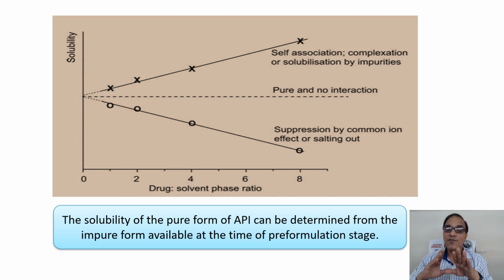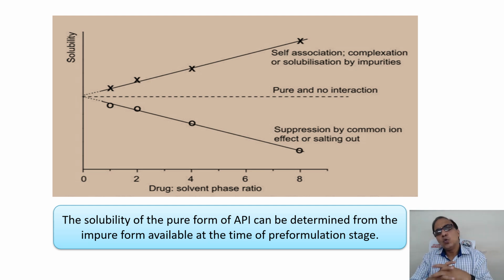However, they will intersect the y-axis at a particular point, which is actually the solubility of the pure form, where there is no interaction. So pure solubility we can obtain from this impure component solubility in different ratios. The solubility of the pure form of API can be determined from the impure form available at the pre-formulation stage.